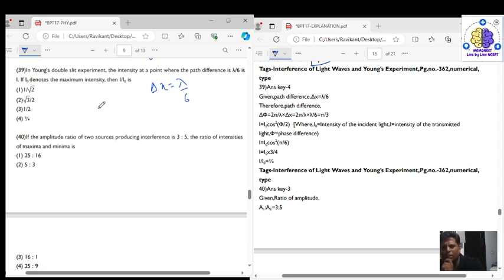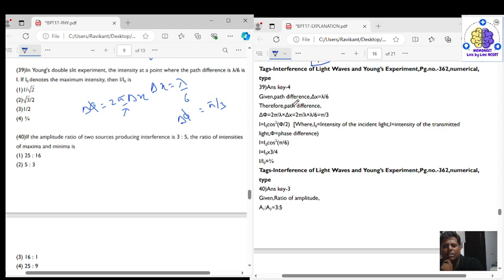So, see, if delta x is equal to lambda by 6, delta phi is equal to 2 pi by lambda into delta x. Putting this, we get phi, or delta phi, is equal to pi by 3, right?